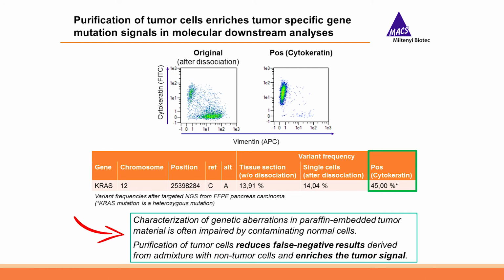So, as I already said, the characterization of genetic aberrations in paraffin-embedded tumor material is often impaired by contaminating normal cells, and we have shown that with the purification of tumor cells, we can on the one hand reduce false negative results derived from admixture with non-tumor cells, and we could enrich the tumor signal significantly.